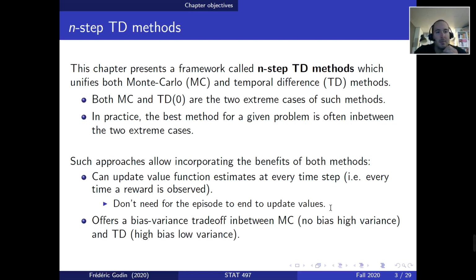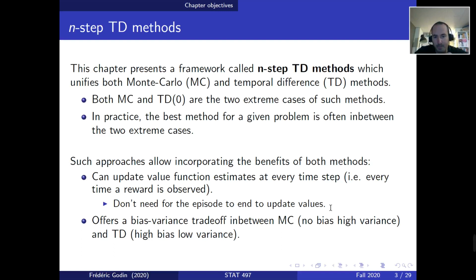Monte Carlo is basically n-step where n tends to infinity, and the temporal difference method seen in the previous chapter is n-step when n is equal to 1. When n is equal to 1 or infinity, you recover previous methods, but for intermediate values of n between 1 and infinity, you get other methods.